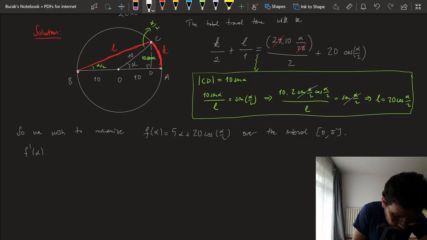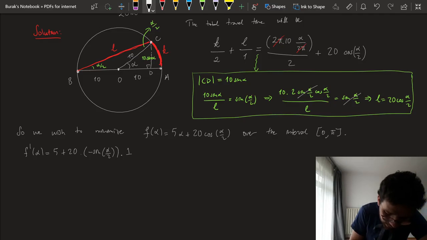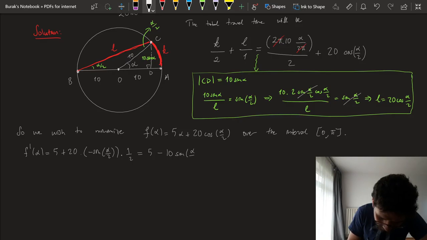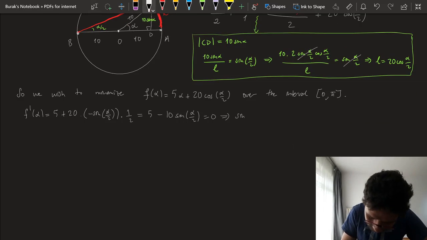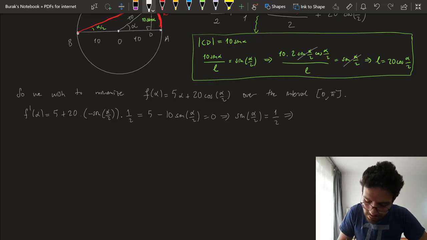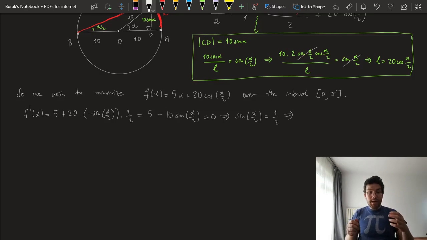So what is f prime of alpha? It's 5 plus 20 times the derivative of cosine, which is minus sine, so I have minus sine alpha over 2 times the derivative of the inside, which is 1/2, so it's going to give me 5 minus 10 sine alpha over 2, and if you set this to 0, you are going to get that sine alpha over 2 is 1/2, which means that alpha over 2 is pi over 6.